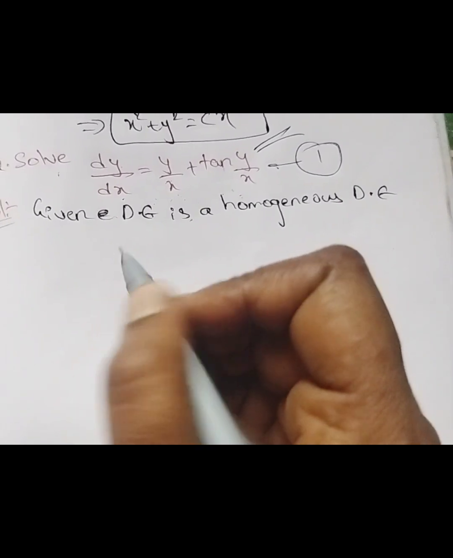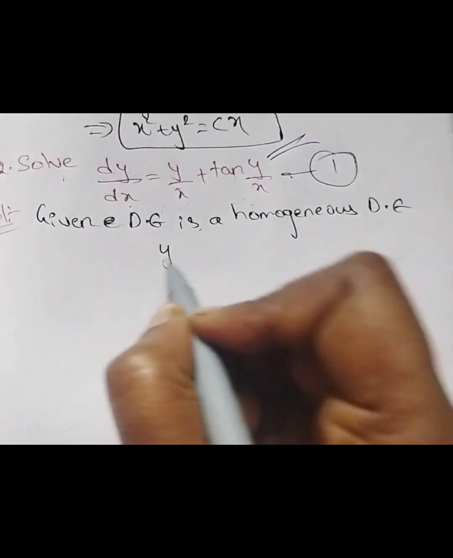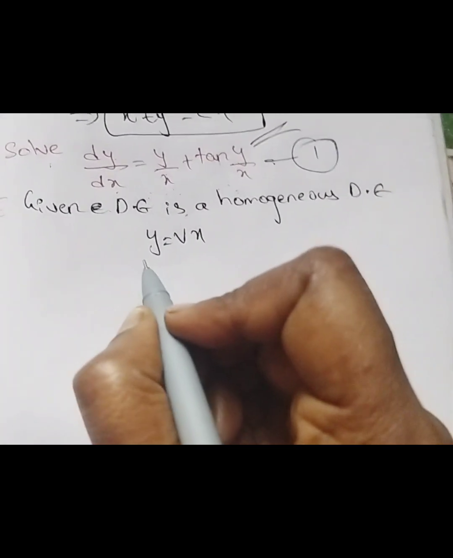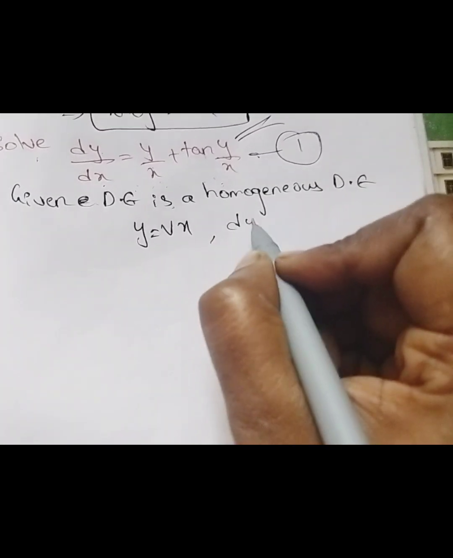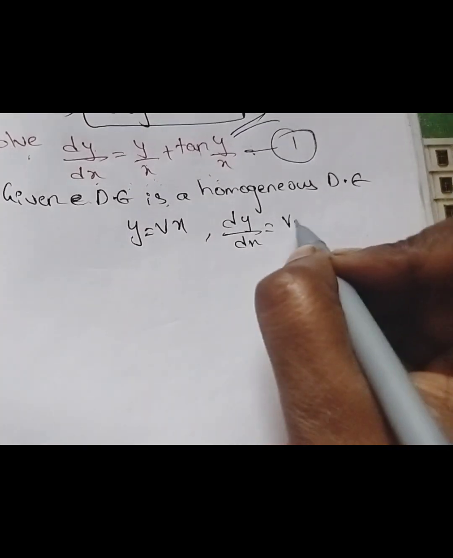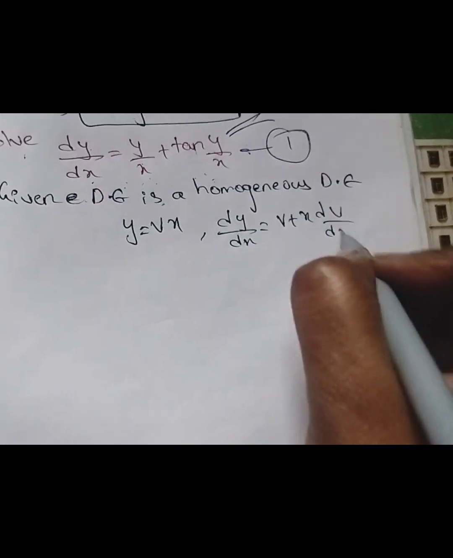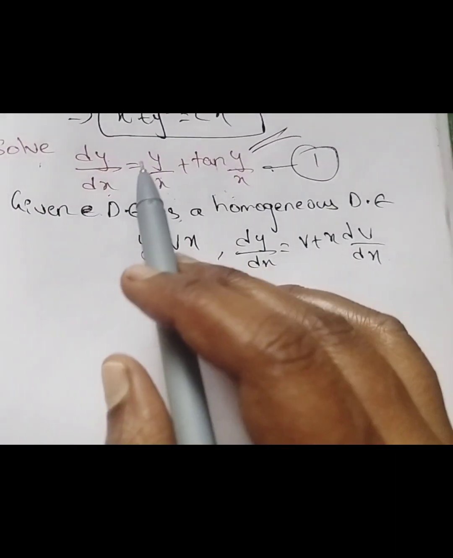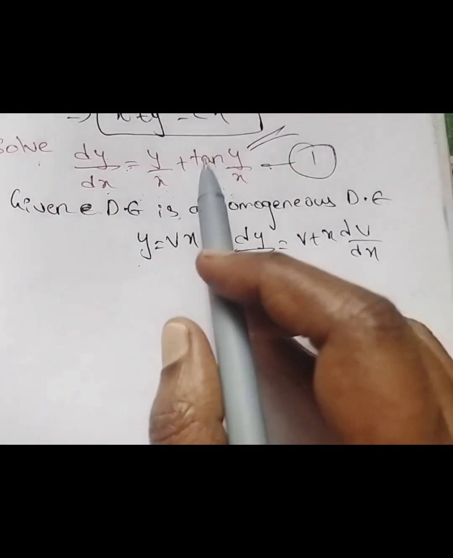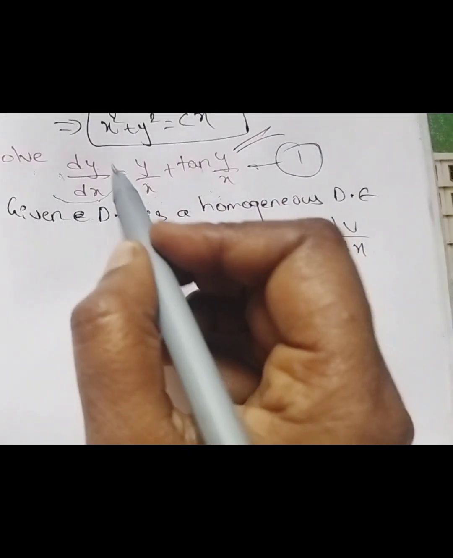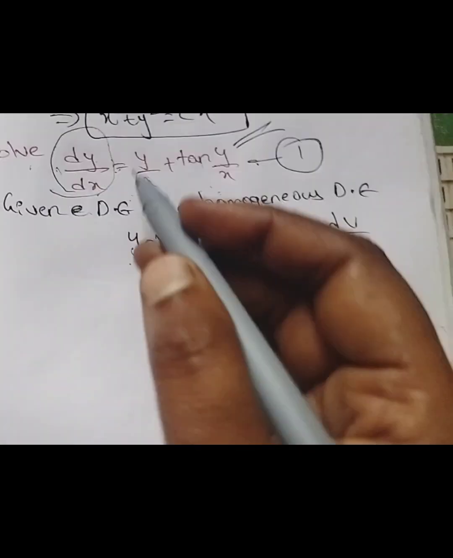Next, we'll go for step 2. In step 2, we need to substitute y equal to vx and also dy by dx equal to v plus x into dv by dx. So these are the two things we are going to substitute in equation 1. So on the left hand side we have dy by dx, substitute that there.